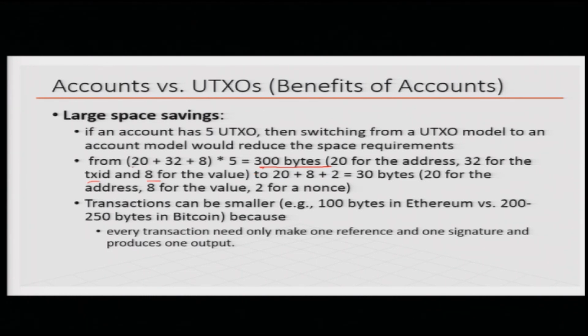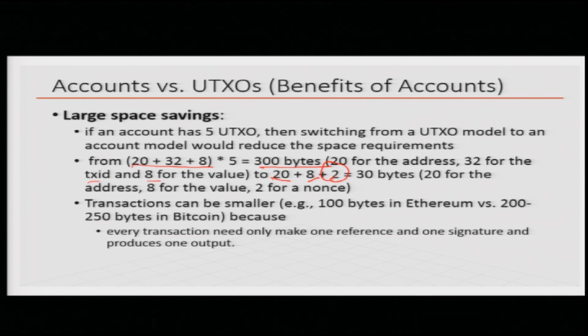You need 60, so 60 times 5, 300. Whereas in case of an account, you don't have to do it 5 times, right, because it's a single account. So, you need to know the address, you need to know the value, and you don't need to remember the transaction ID that brought that value in, and then you need 2 bytes for a nonce.